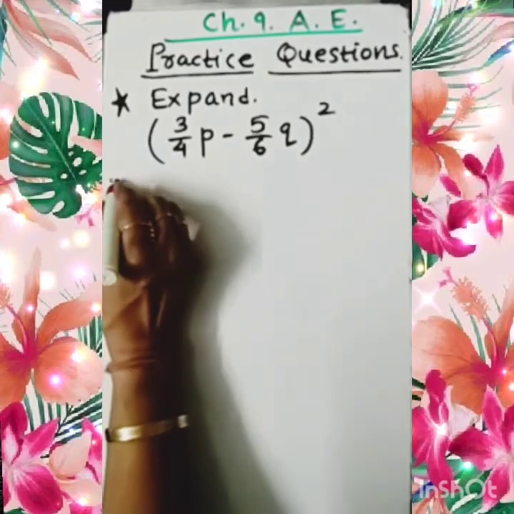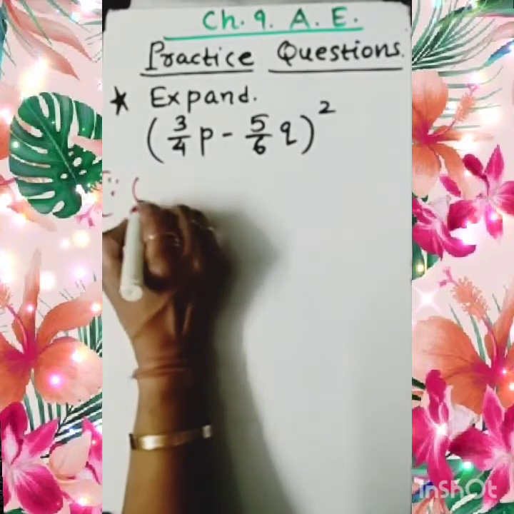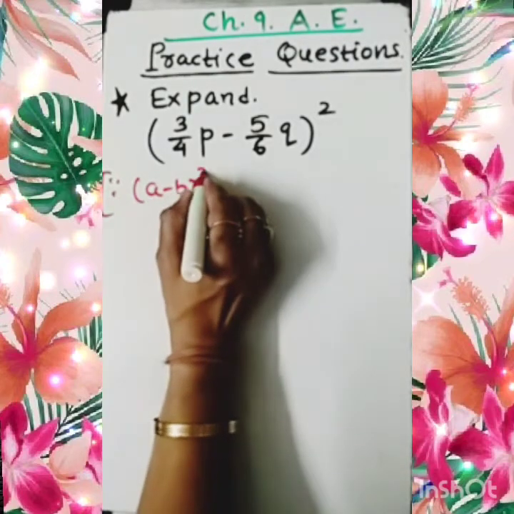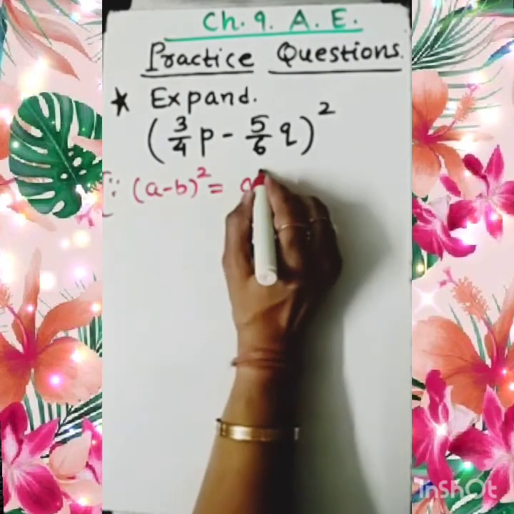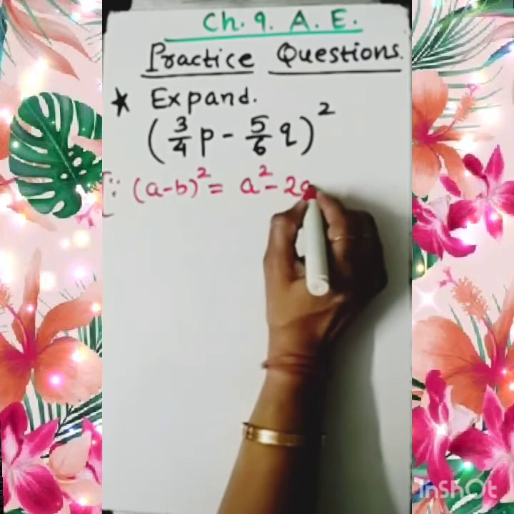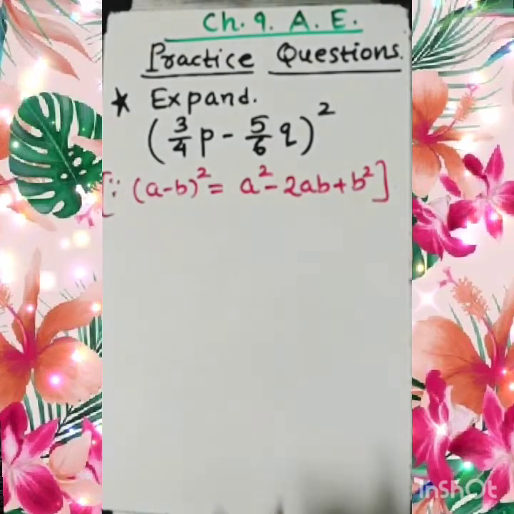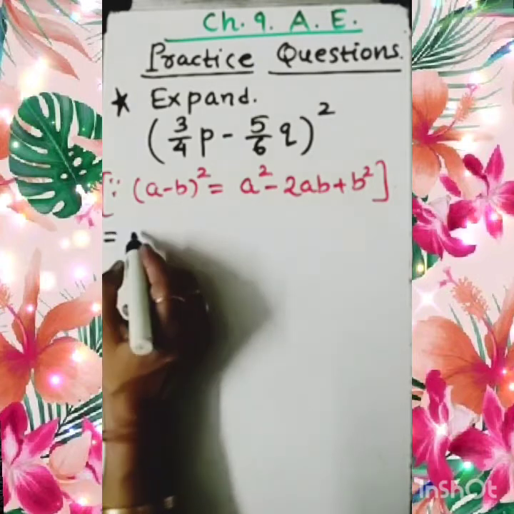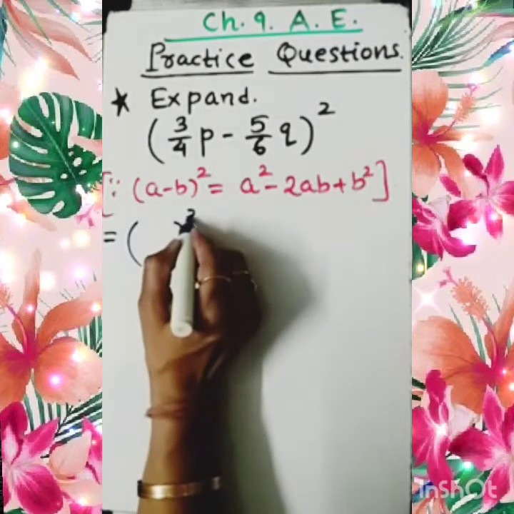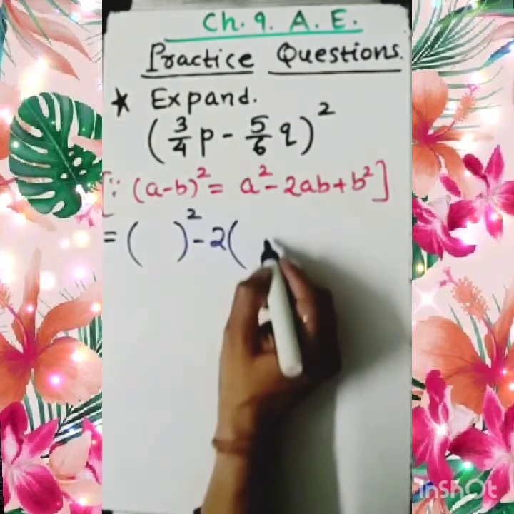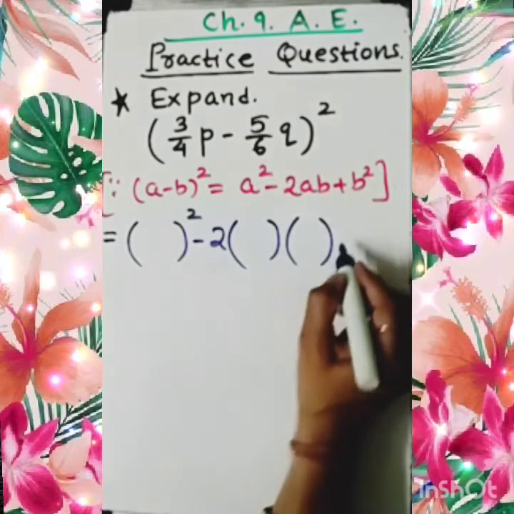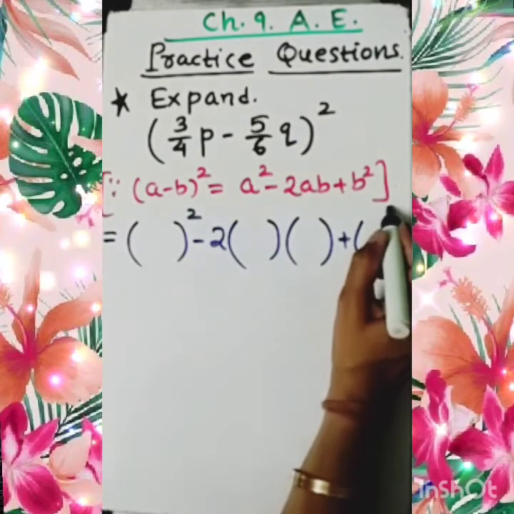We need to mention here (a minus b) whole square. It indicates that a square minus 2ab plus b square, that is your second identity, we are going to use. Okay. Now dear student, first of all I am writing here a square minus 2ab plus b square. Fine.